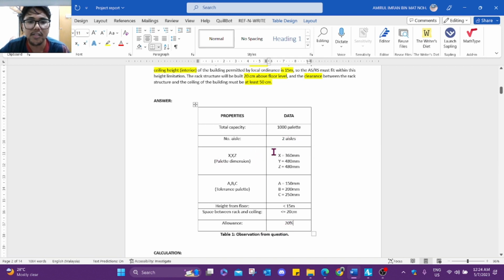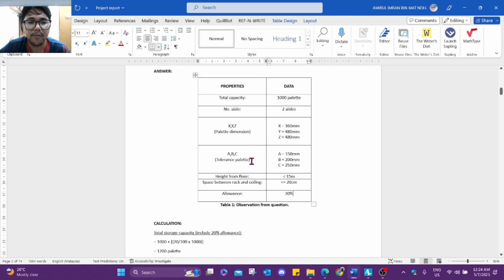The pallet dimensions XYZ are 360 millimeters, 480 millimeters and 480 millimeters respectively. For the pallet tolerance, we inserted the values ourselves. The height from the floor must be lower than 50 meters, with a space between the rack and the ceiling of at least 20 centimeters.